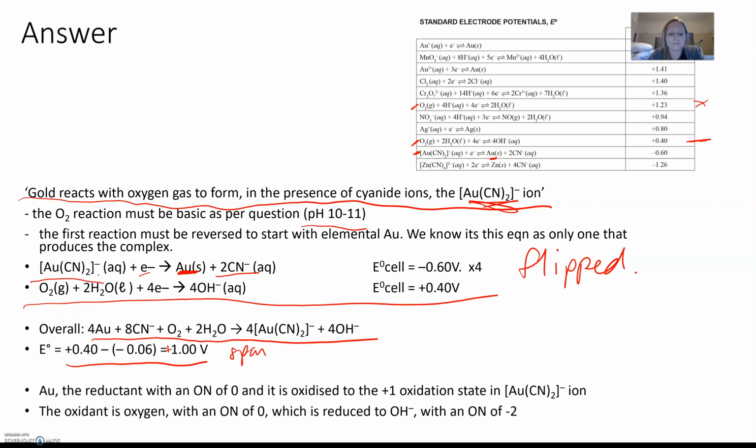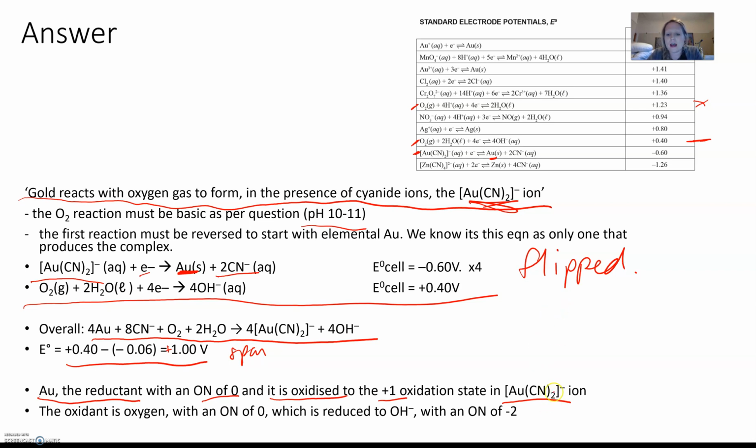Okay, now it asked us to link to redox, so what was getting oxidized, what was getting reduced. So Au was the reductant, starts with an oxidation number of 0 and it's oxidized to +1 in this complex ion. If you're not so familiar with complex ions, we haven't got to 3.6 yet where we do a whole bunch again on complex ions.